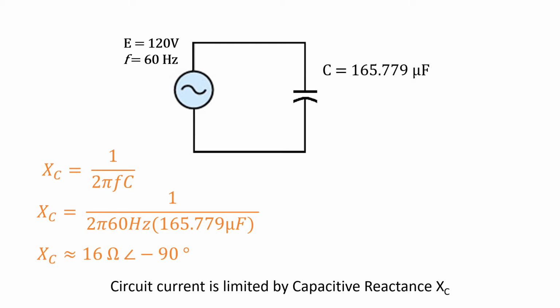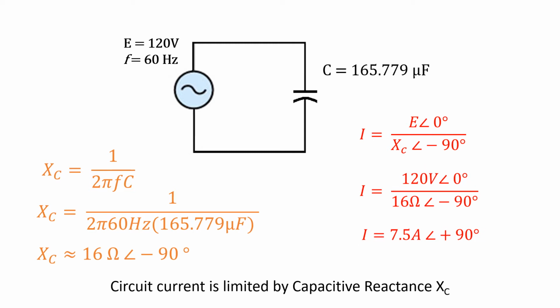Now that we have our capacitive reactance, or our opposition due to capacitance, we can calculate out our current. Again, just using Ohm's law principles, where current is equal to volts over ohms. And that results in 7.5 amps at a leading 90 degrees. Again, in a purely capacitive circuit, current leads by 90 degrees.